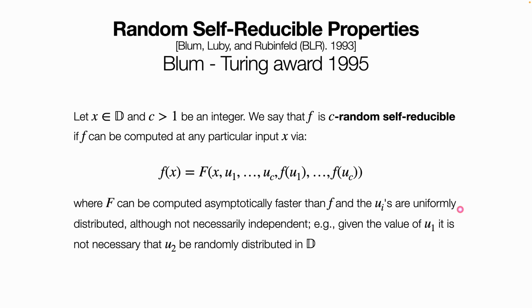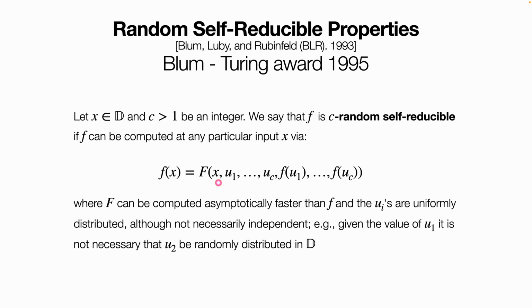It's important to note that we don't want to calculate f of x directly. We want to calculate f of x through a function, which is basically the right-hand side of the randomized self-reduction, through C query functions, f of u1 to f of uc. And these u1 to uc should be picked according to the given value x.